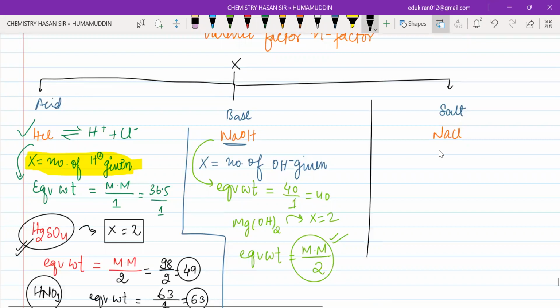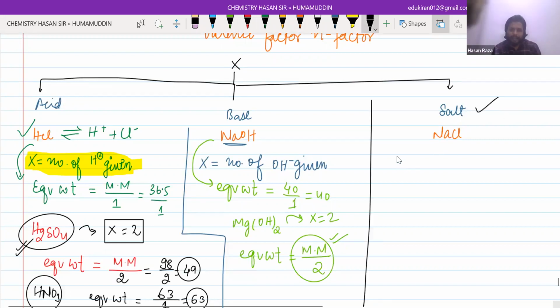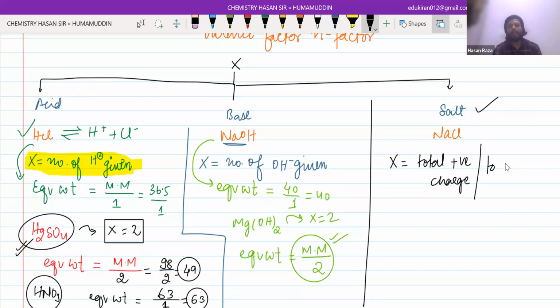Now, if you are going for salt, X is equal to either the total positive charge or the total negative charge. You don't need to take it with sign, you just need to take the magnitude, the number. Now, if NaCl is there, how do you get the positive or negative?